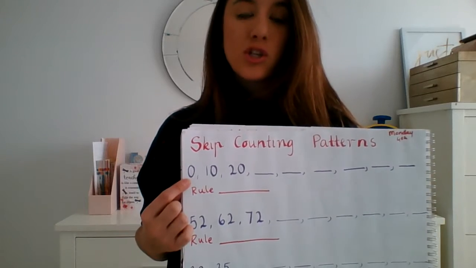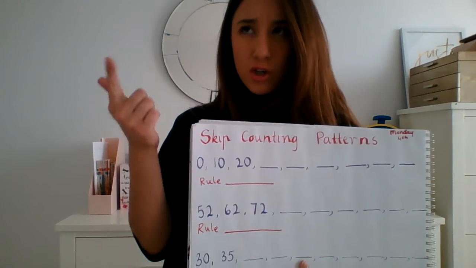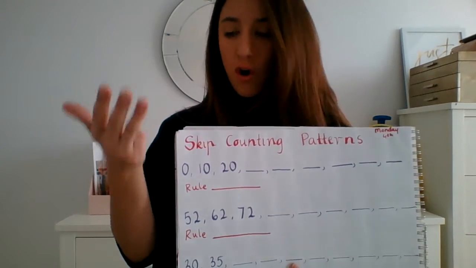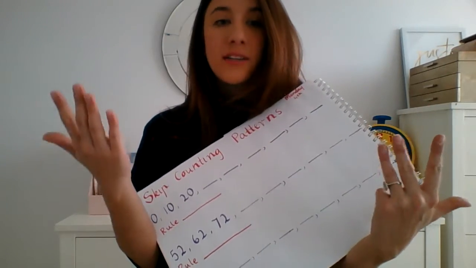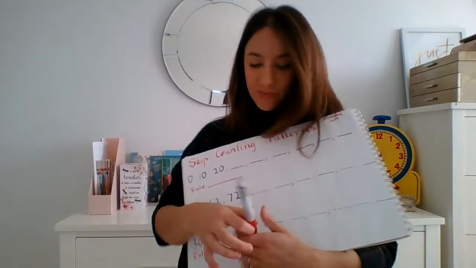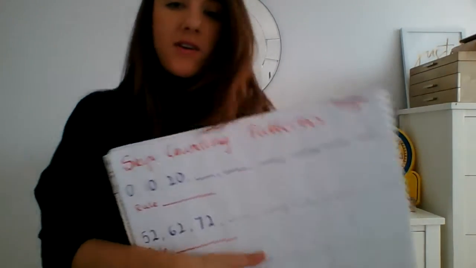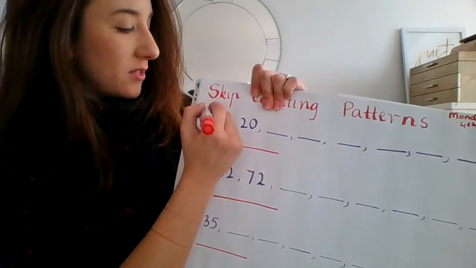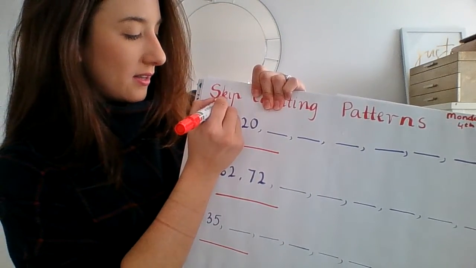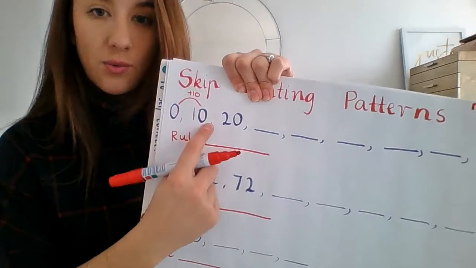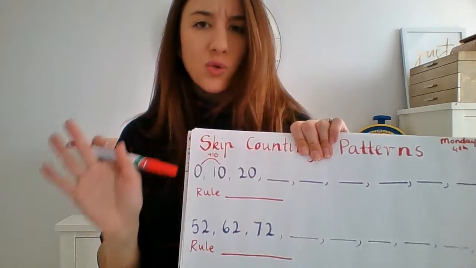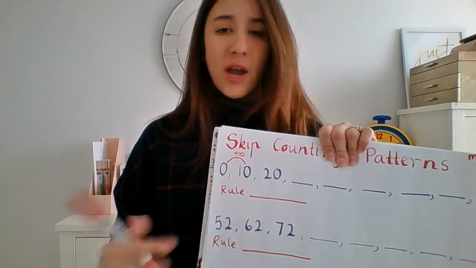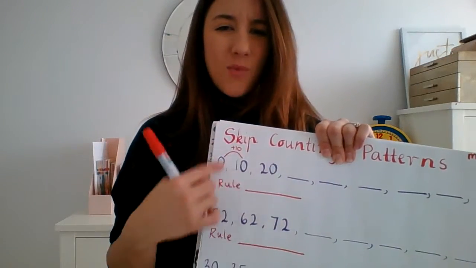I want you to start with me and we're going to count on from 0 to 10. So 0, 1, 2, 3, 4, 5, 6, 7, 8, 9, 10. So here, from 0 to 10, we've added 10. Now, we're going to check between 10 and 20 as well, just to be sure. We don't want to check just one jump.